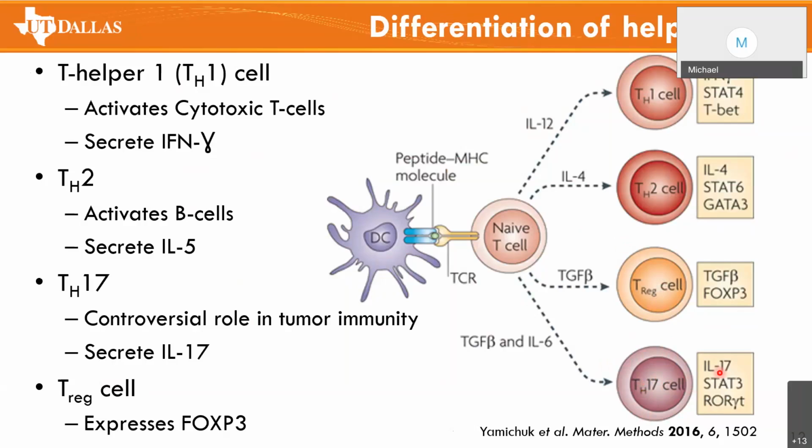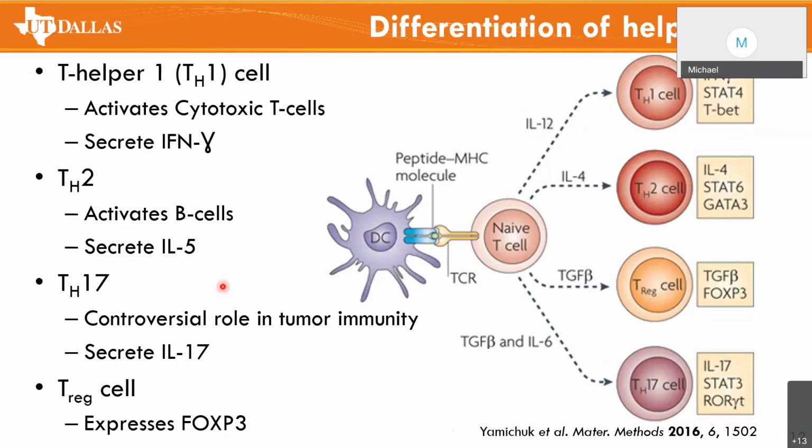In terms of inflammation, you can distinguish these Th17 by interleukin 17, STAT3, and ROR gamma T. Interleukin 17 can help promote the expression of TNF alpha, and STAT3 and ROR gamma T are responsible for upregulating MHC molecules.